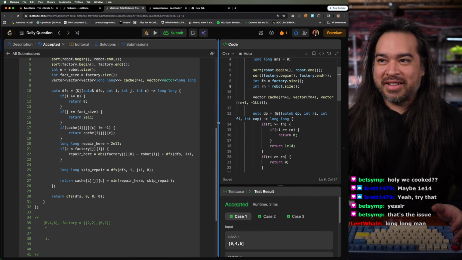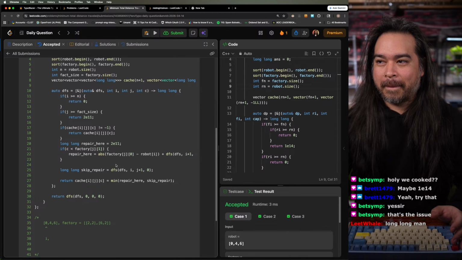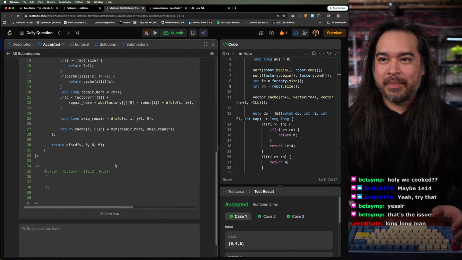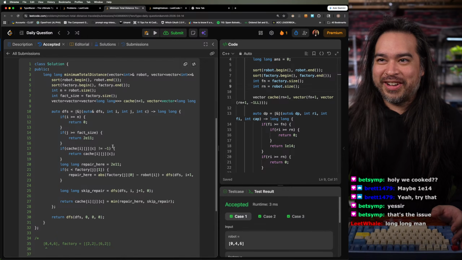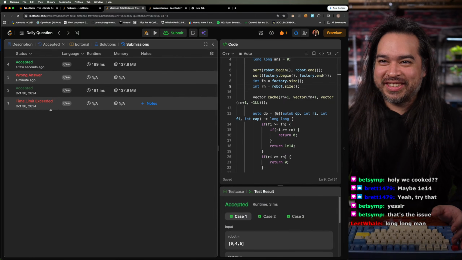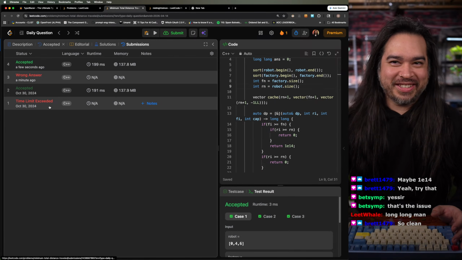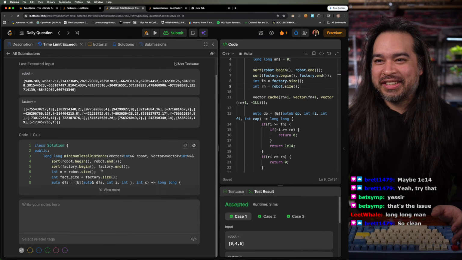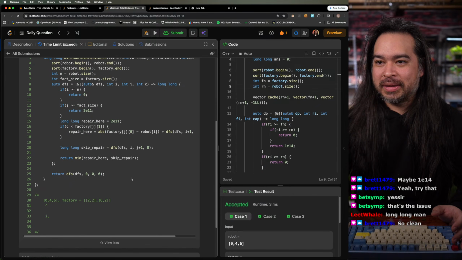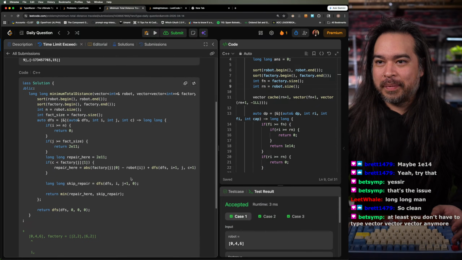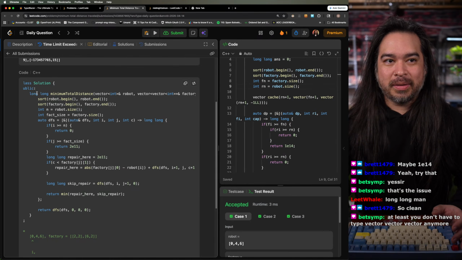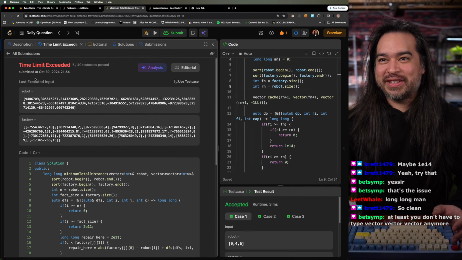Dang, what the heck? I don't believe I did that by myself, man. Long, man. Wait, I don't believe it. I guess I could look at my VOD to see. Time limit exceeded. I don't know why this exceeds the time limit, but at least you don't have to type vector anymore.